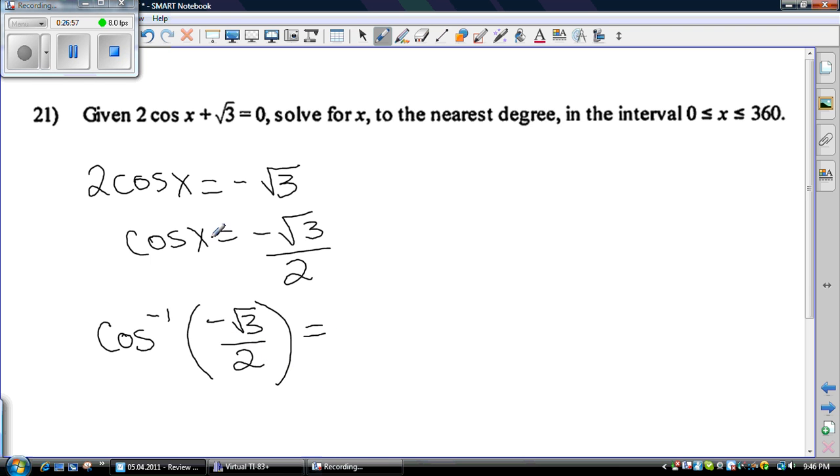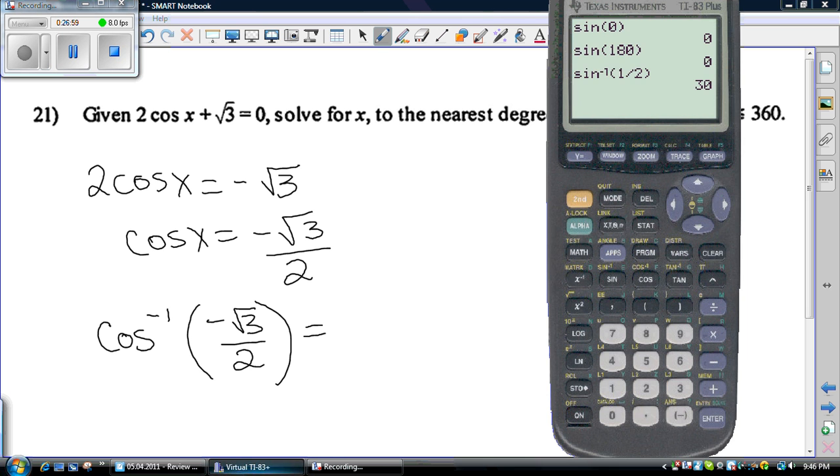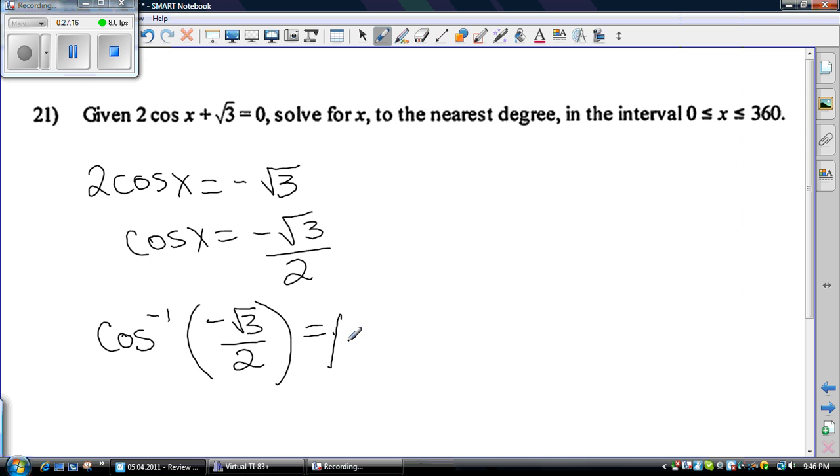How much is that? That's going to tell us what x is. It is 150.